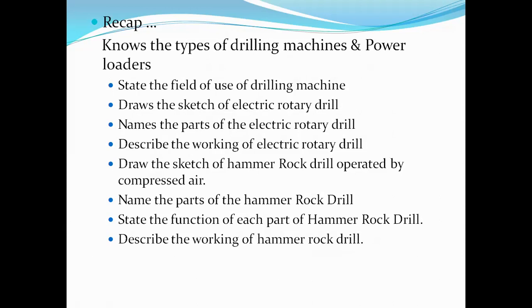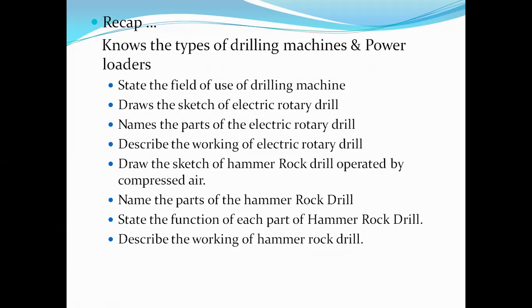The parts include the purpose of the rifle bar, rifle nut, and ratchet and pawl arrangement. The rifle bar is attached to the piston and moves along with the piston during its to and fro motion, and it consists of a number of splines.